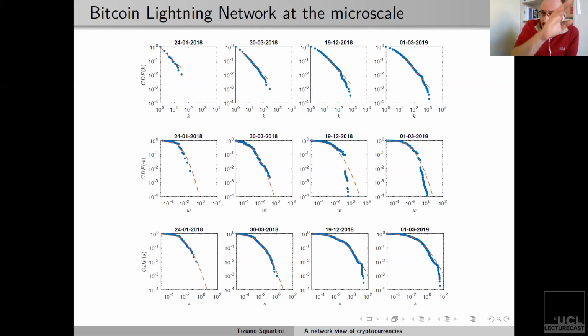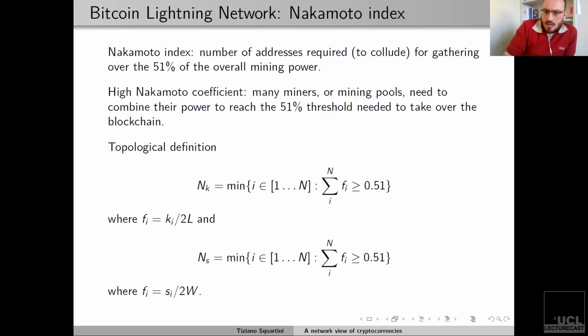So the red dashed line is a log normal fitted on the data observed on the Lightning Network. Of course, it's not always well fitting the empirical evidence, but still it captures, let's say, some features of the trend. So power law for what concerns the degrees, log normal for what concerns weights and strength.